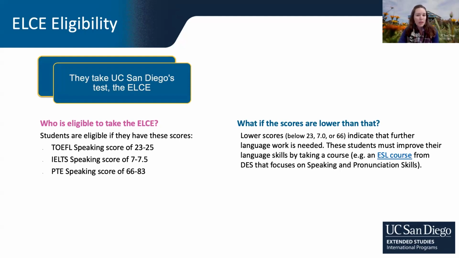If your scores are below any of these cutoffs, so below 23, below 7, or below 66, depending on the test, we see it as a sign that indicates you need a little bit more work on your listening and speaking skills in English. So we recommend an ESL course, which you might take through the Division of Extended Studies. We have many courses that focus on speaking and pronunciation skills offered each quarter, but you could also take a course through a different institution and submit a verification.